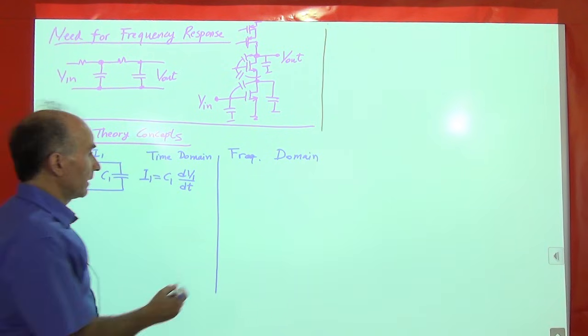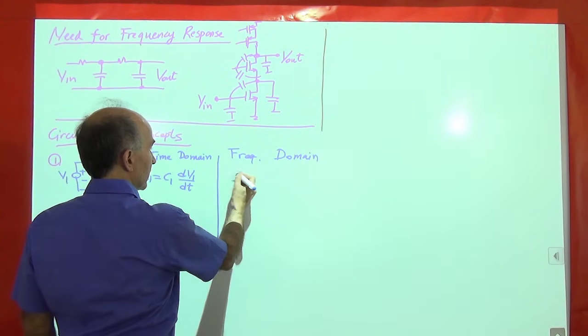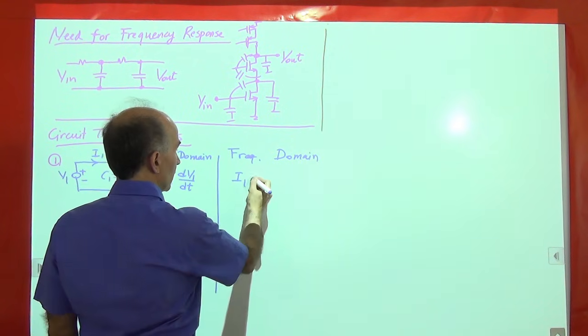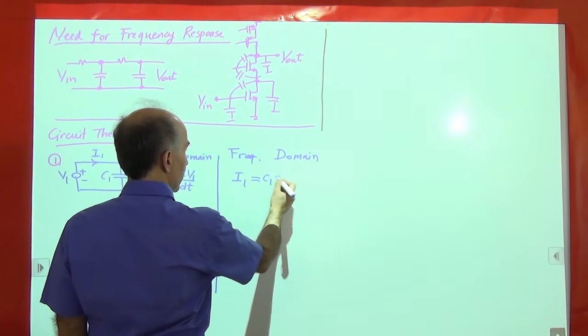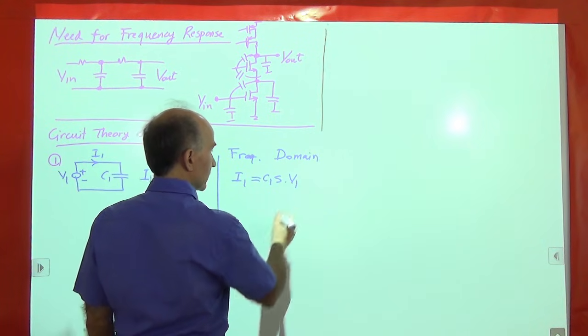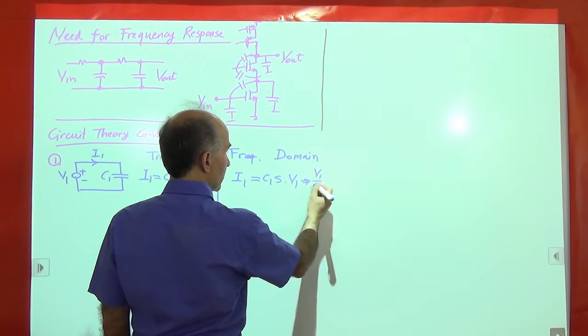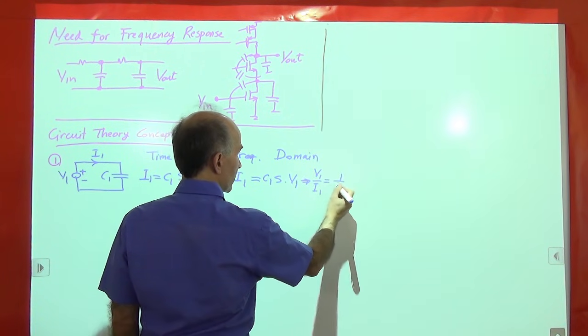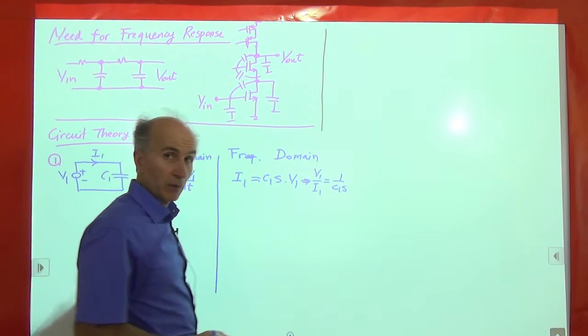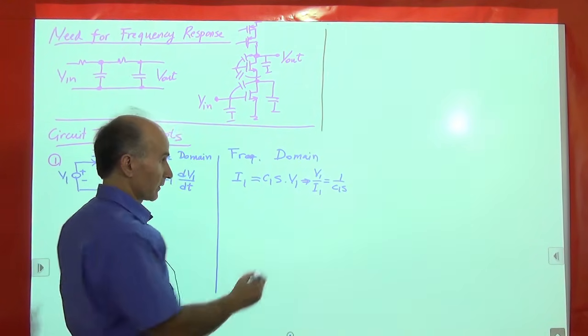In the frequency domain, what we know is that the current is equal to C1 S V1. In other words, V1 over I1 is equal to 1 over C1 S. And that's what we call the impedance of the capacitor.